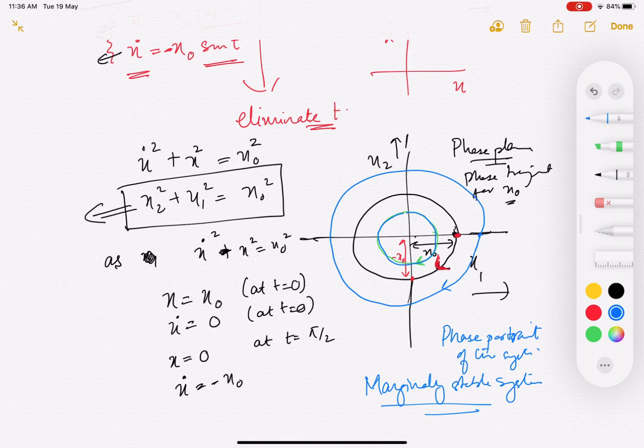The values reach a maximum. For example, the value of the displacement is maximum here, then it becomes 0, then becomes maximum in the negative direction, then becomes 0 again. Similarly, the velocity is maximum in the positive direction here, then it becomes 0 here, then maximum in the negative direction, and then 0 again, and then again maximum here.